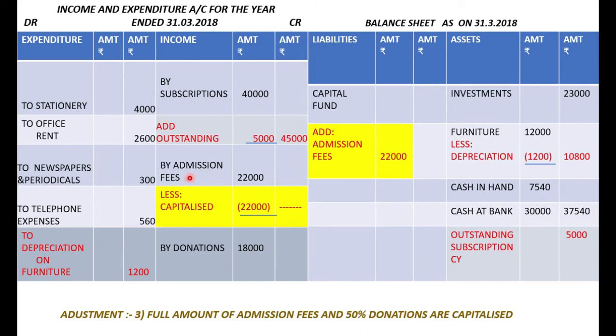So from admission fees, in the income side of income and expenditure account, we will subtract the full amount of admission fees, that is 22,000, less capitalized 22,000. This will be our first effect. Second effect, in the liability side of balance sheet to capital fund, we will add admission fees 22,000. So these are our two effects of admission fees capitalized.